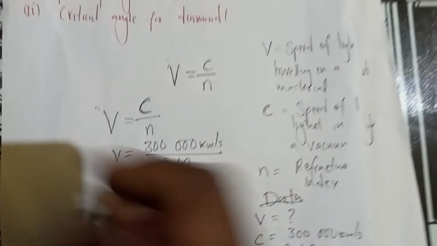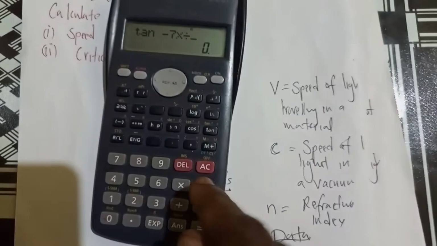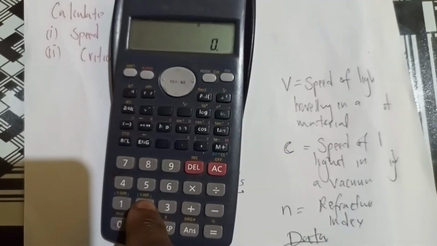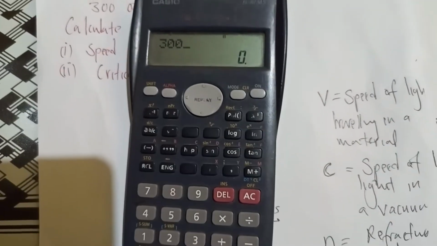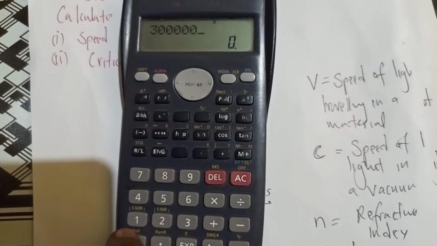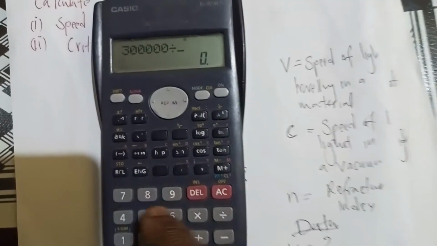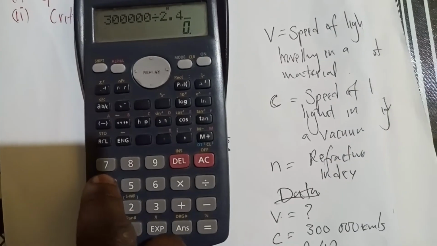So meaning for our speed of light, you go on your calculator and say 300,000 over 2.42.